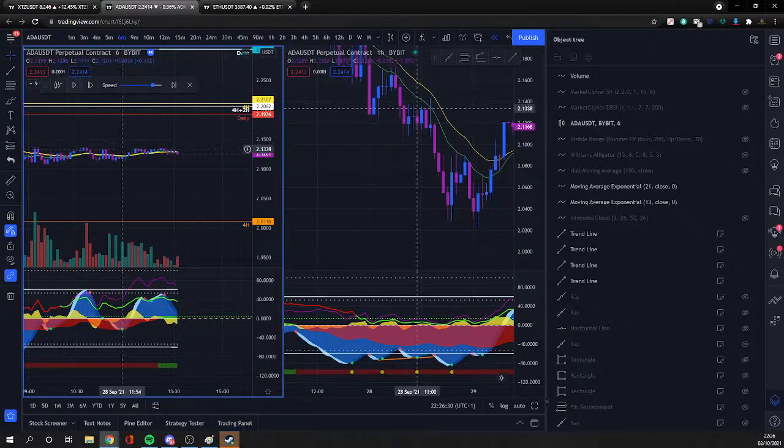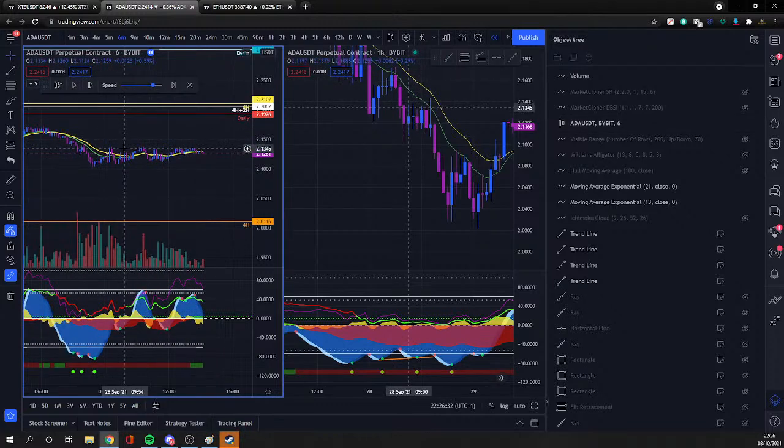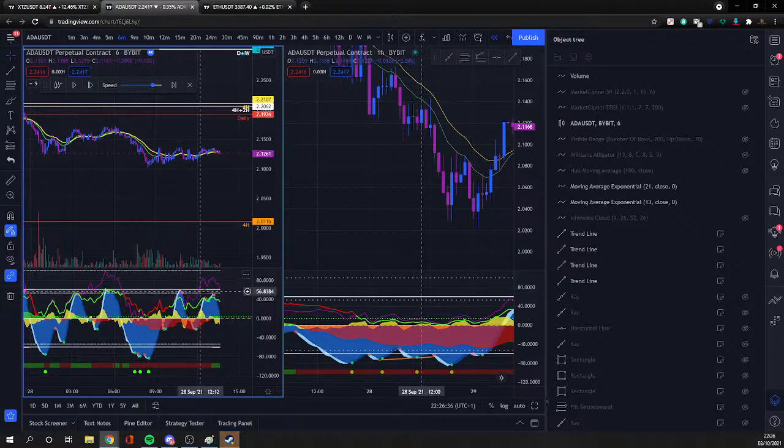Now, if you've noticed, it is coming down, but price still is sitting about the same level, the closing candles, right? If this was going to be looking for a short, we would be looking for this to be higher than that, and that would be perfect bull div conditions.